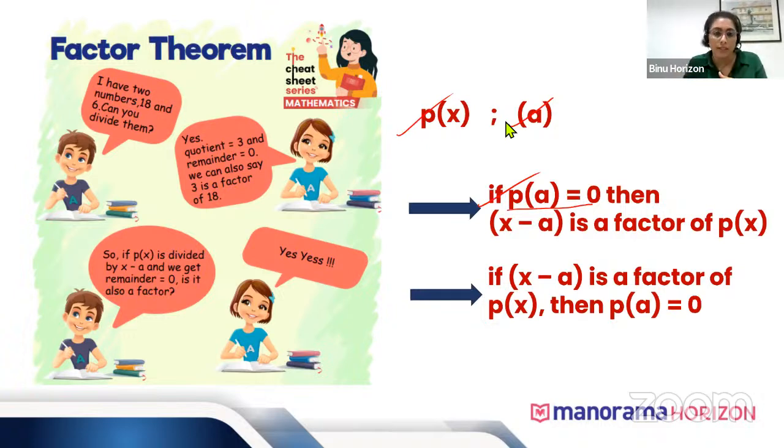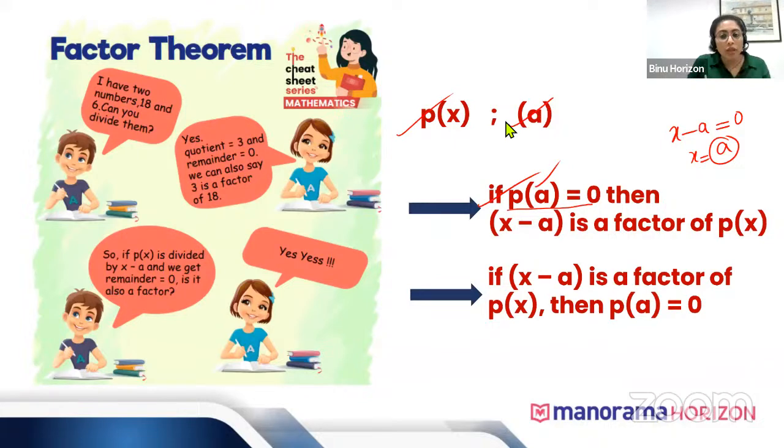Maybe the question may be asking that way. So using the factor theorem, we can write if p of a equals 0, then x minus a equals 0, and you will get the value of x. That value of x is making p of a 0. So x minus a equals 0, and from that you get x is equal to a.